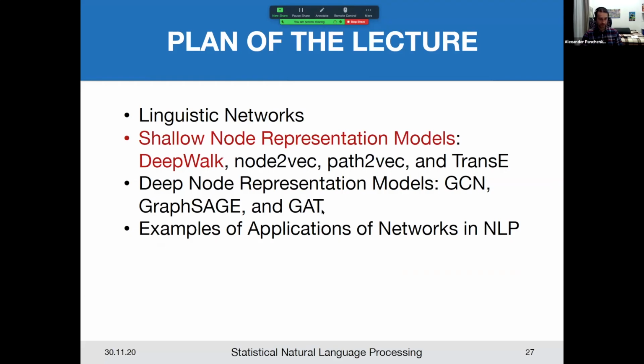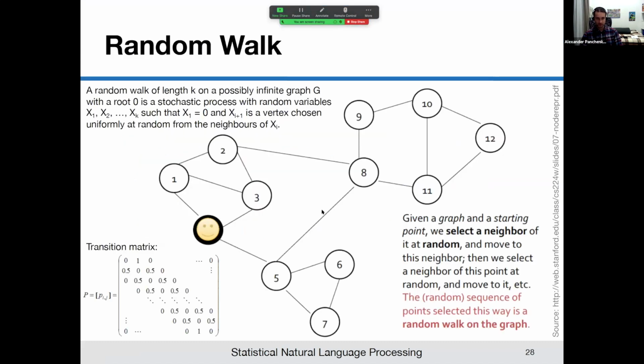Which is DeepWalk. And DeepWalk is based on random walk.